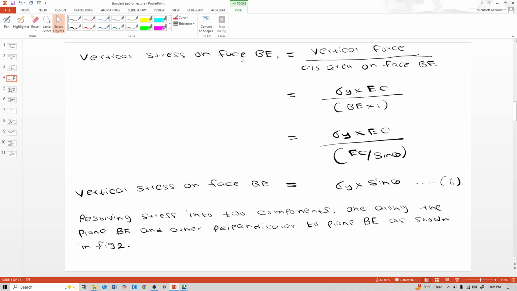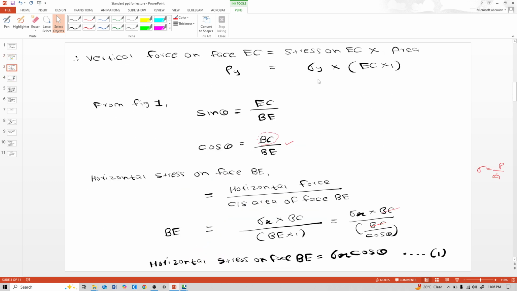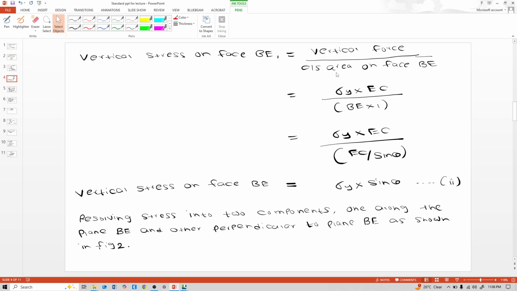Next, vertical stress on face BE is equal to vertical force upon cross sectional area on face BE. The vertical force is sigma y EC into 1, the vertical force on EC. So sigma y EC upon the cross sectional area of BE, which is BE into unit thickness 1.